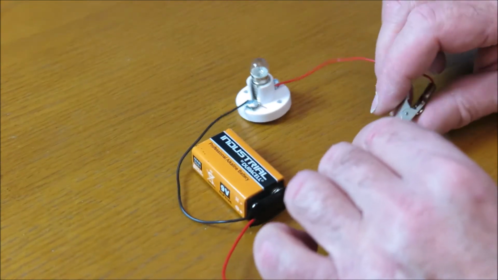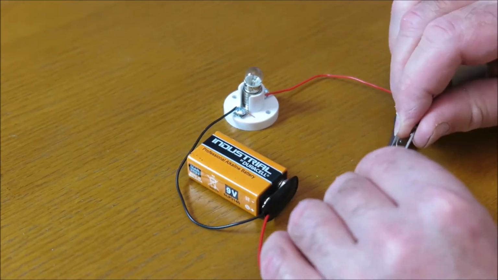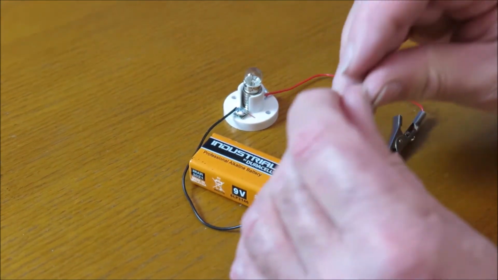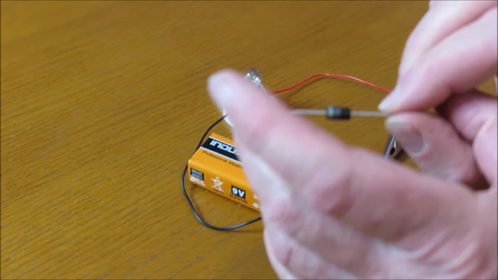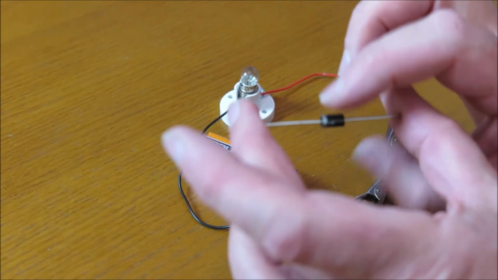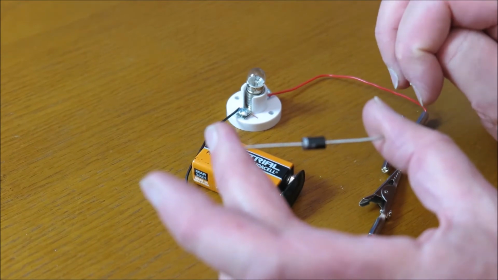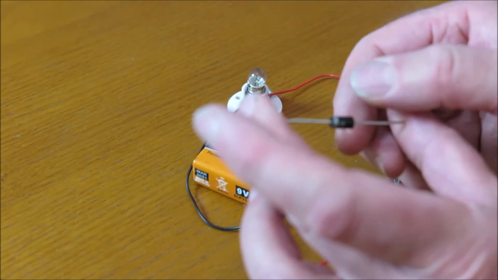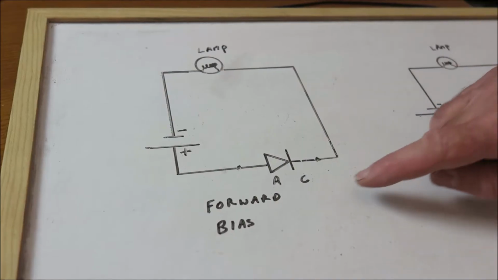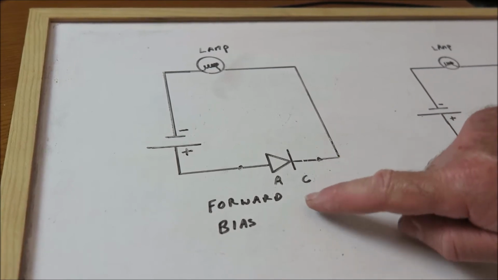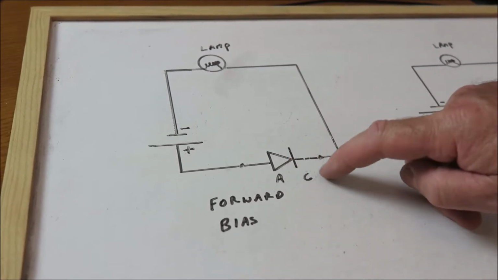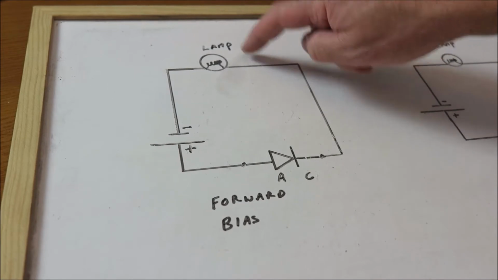So how does it do that? There are no moving parts inside the diode. So how does it do that? It's got to be something to do with the component's chemistry. So if we look at what we've just done as a circuit, you've got the anode and the cathode connected to the lamp.